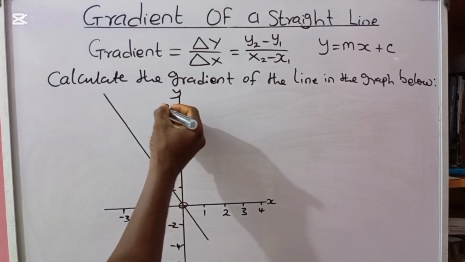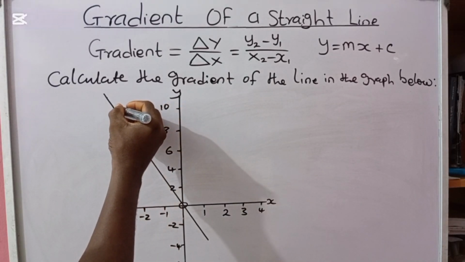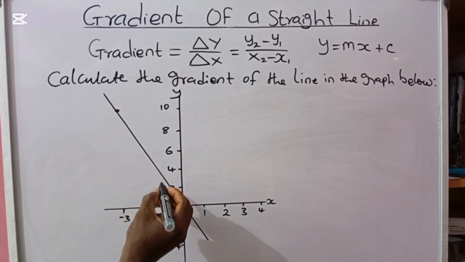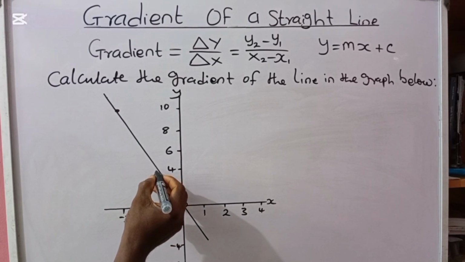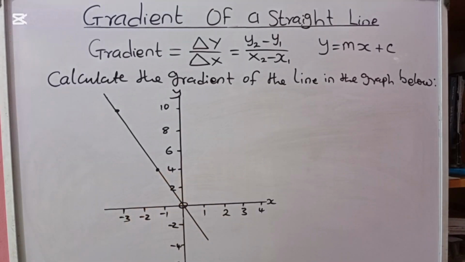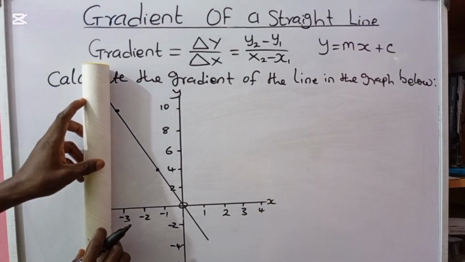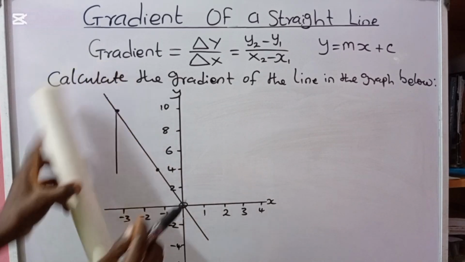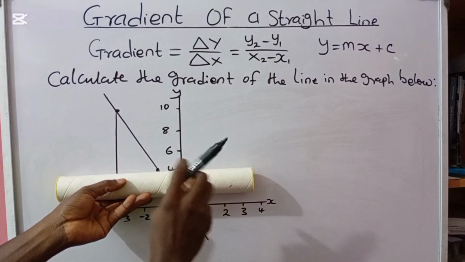Let's say I'm choosing the point that corresponds to 10 on the line. Let me also choose the point that corresponds to 4. All right, so assuming these are exactly the 2 points I have chosen, the next thing I am to do is to get a right angle triangle out of the 2 points chosen.